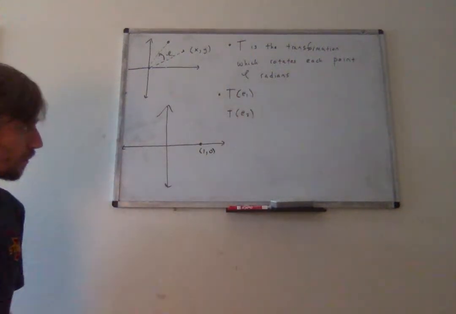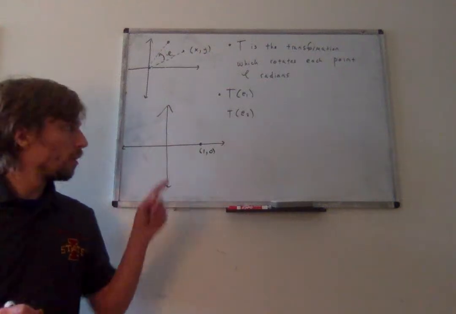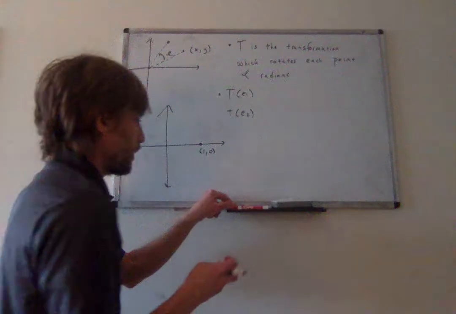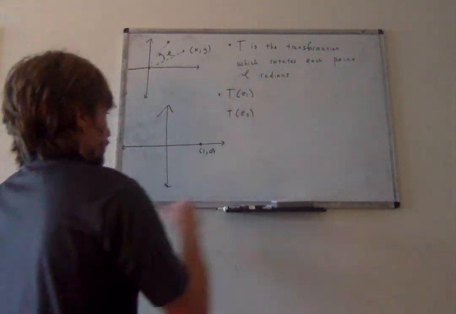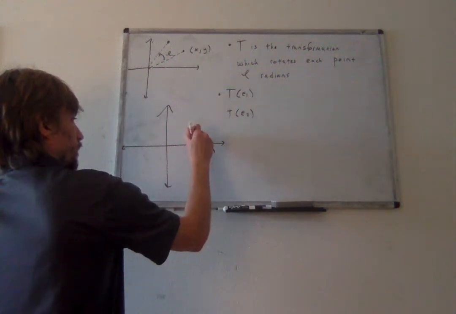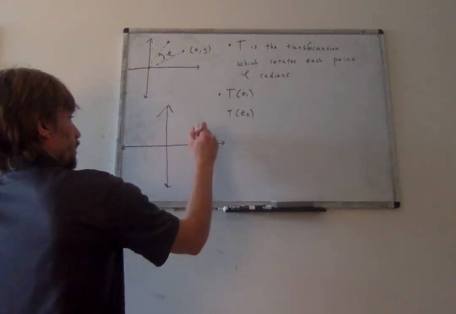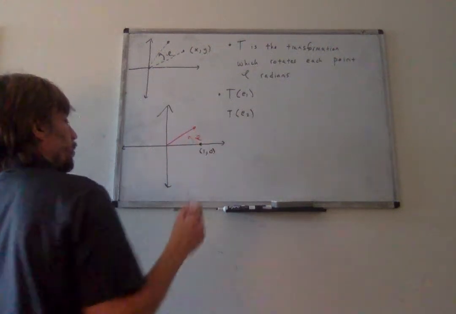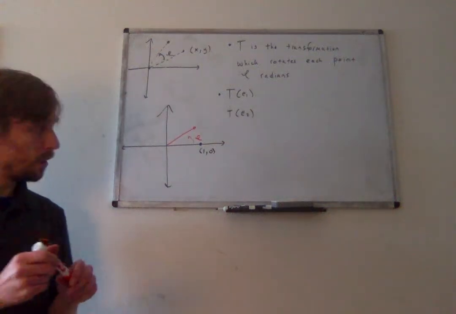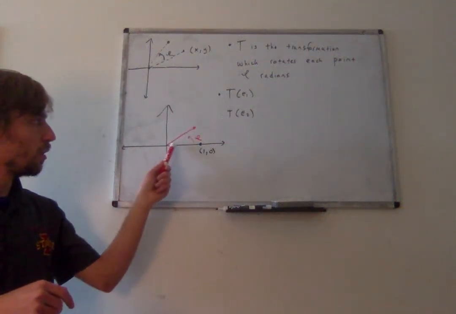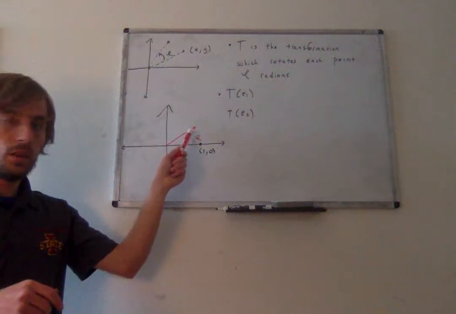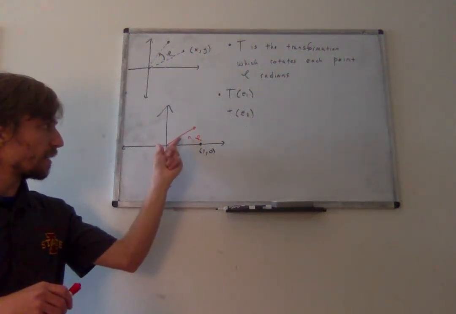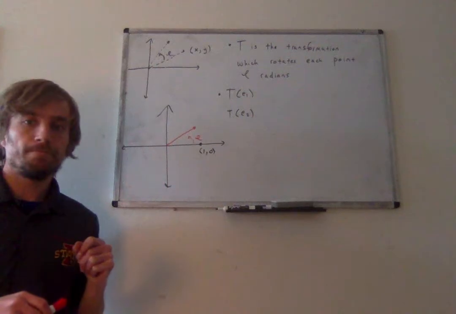The length of this line is equal to 1. And when we rotate it a total of phi degrees, so let's say this is phi, what we get is a point here whose radius is 1, and the angle formed between the x-axis and this line is equal to phi.